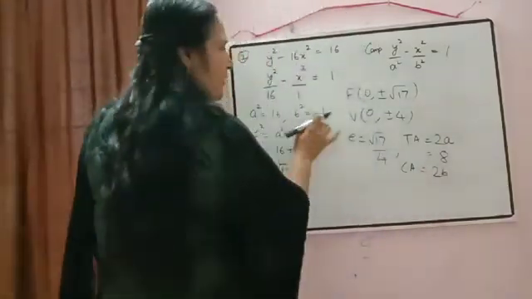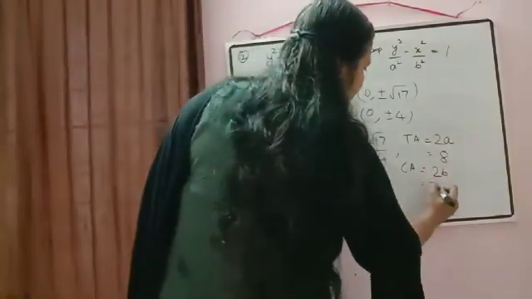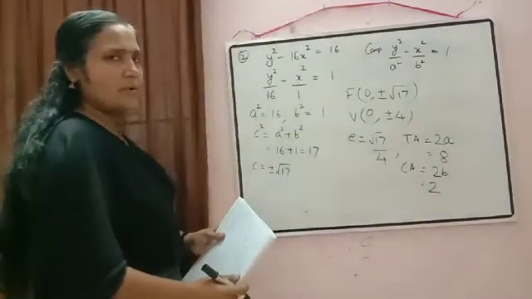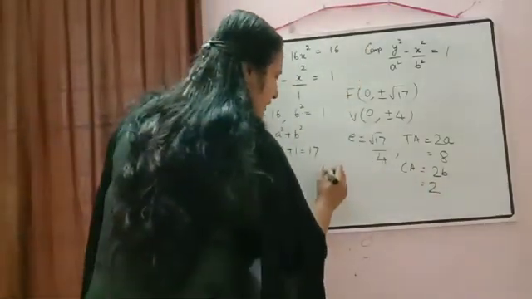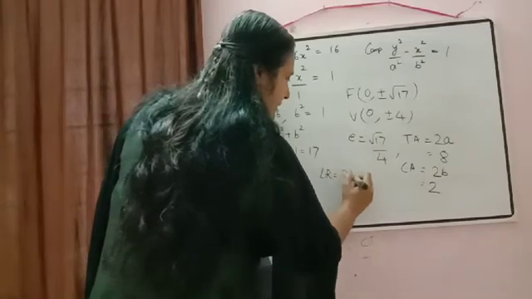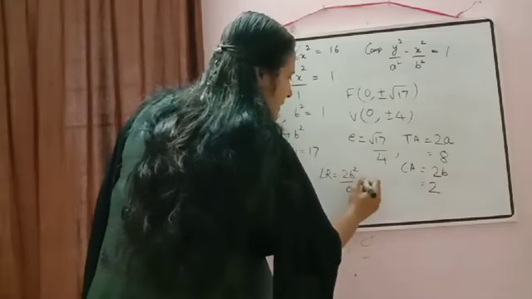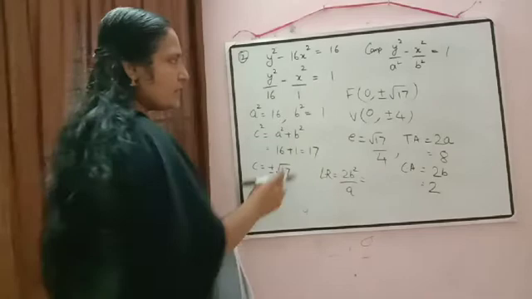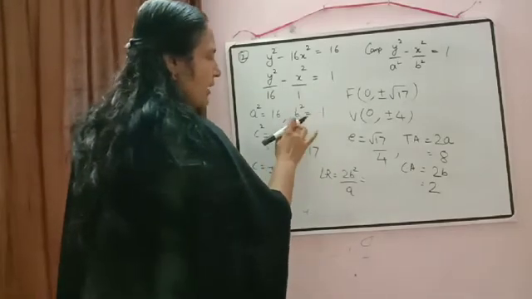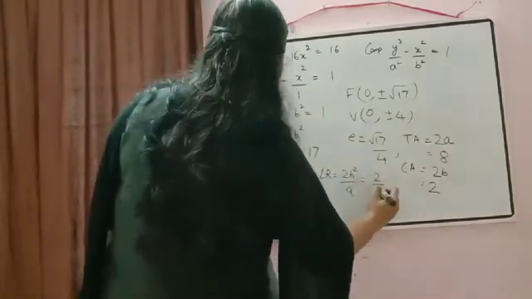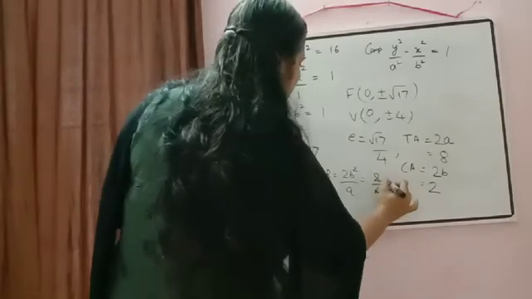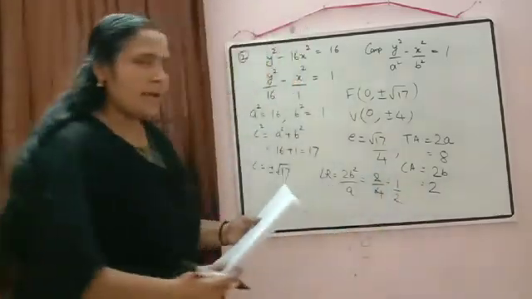And what is the value of b here? 1. So length of conjugate axis will be equal to 2 only. Then length of latus rectum. The latus rectum formula is 2b square by a. So substitute the values. b square is 1 only. So 2 by, what is the value of a? 4. So it will be equal to 1 by 2.